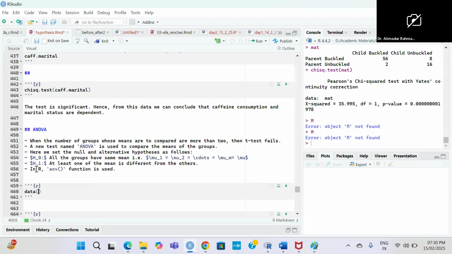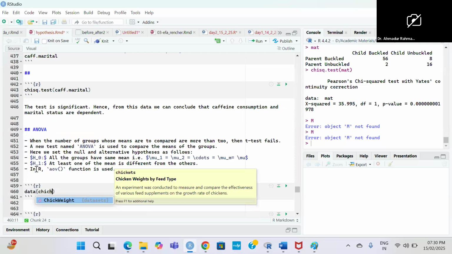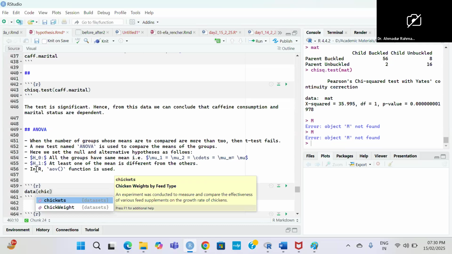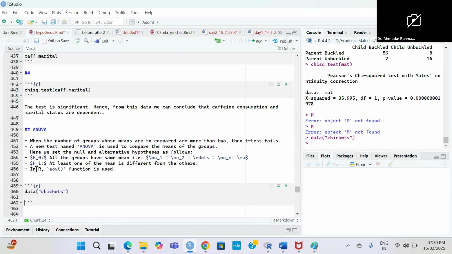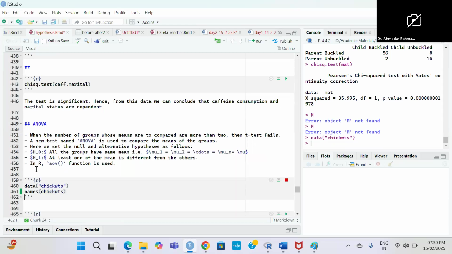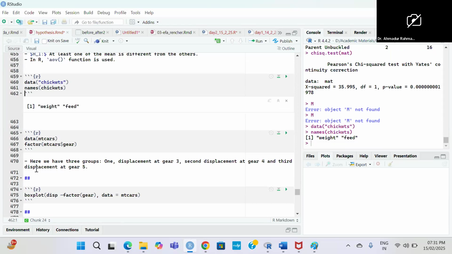Data is equal to chickwts. In this data set we have the names weight and feed.